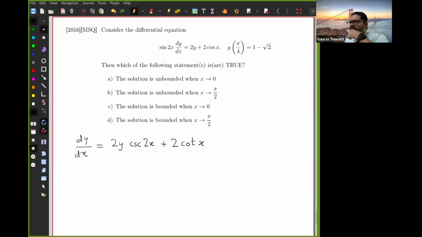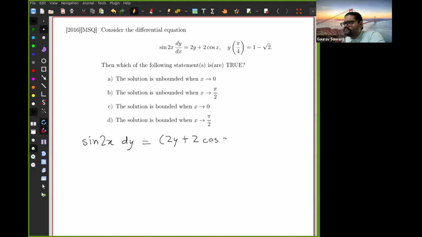Maybe I want to keep the sine in the denominator, so let me write this in a different way. sin x dy equal to 2y plus 2 cos x dx.